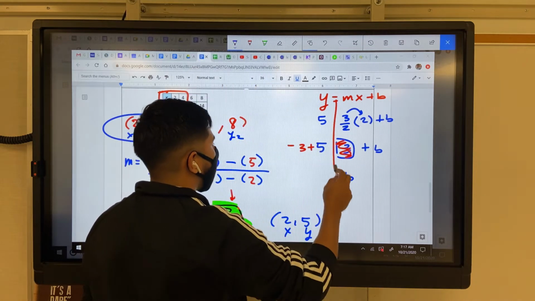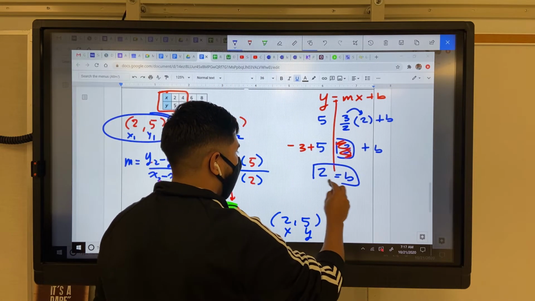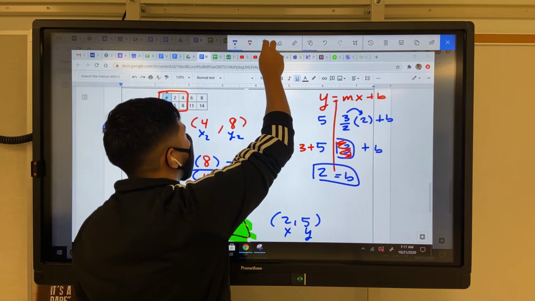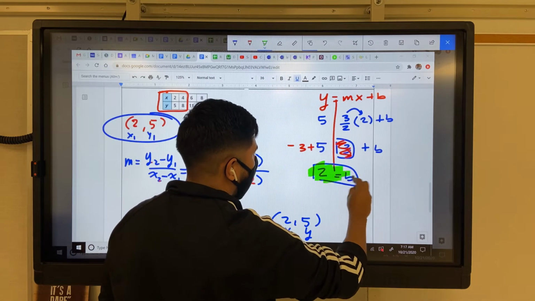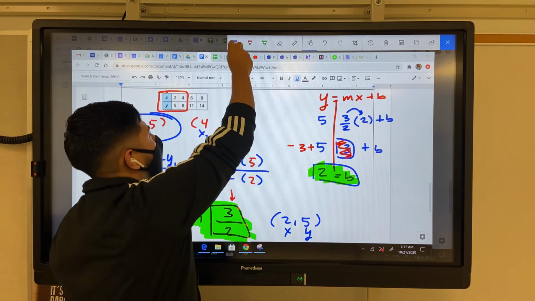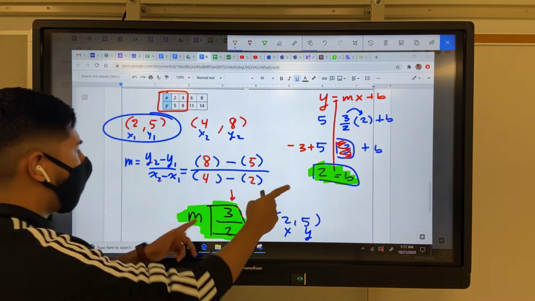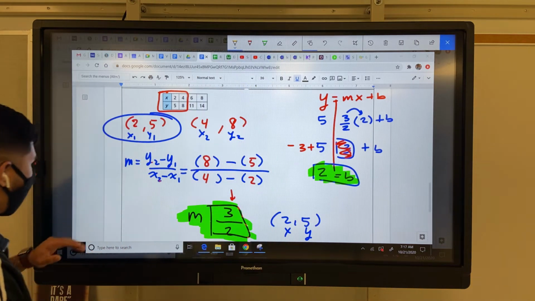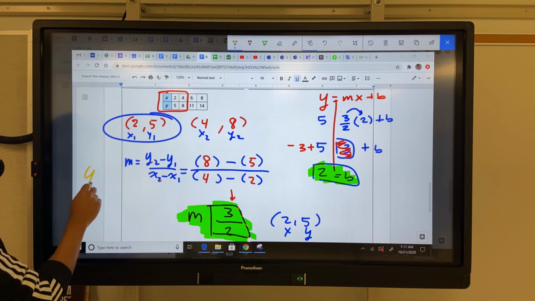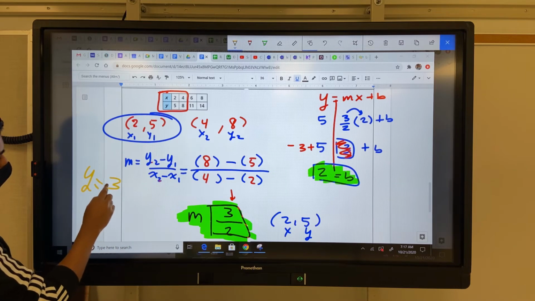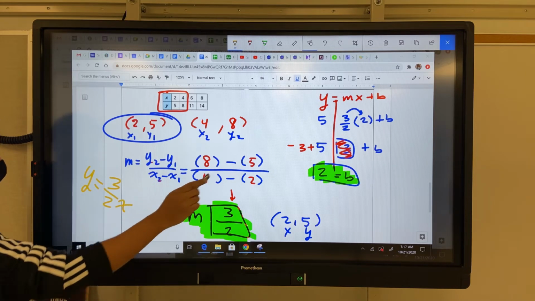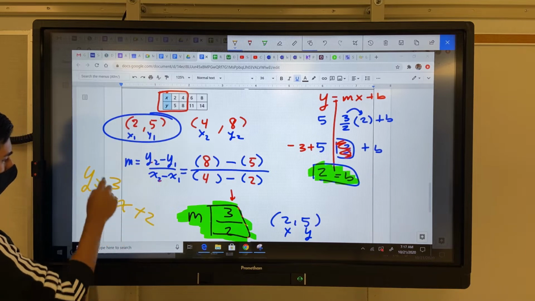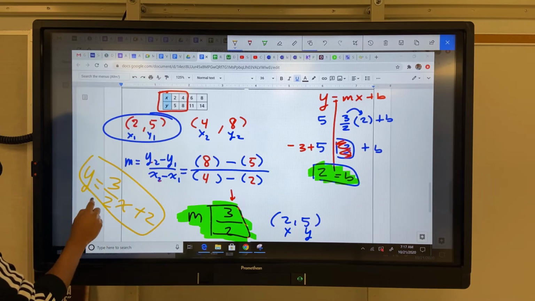You should get 2. Highlighted portions. Those are my 2 answers. Let's write it right here. Answer is y equals 3 over 2x plus 2. That is my answer.